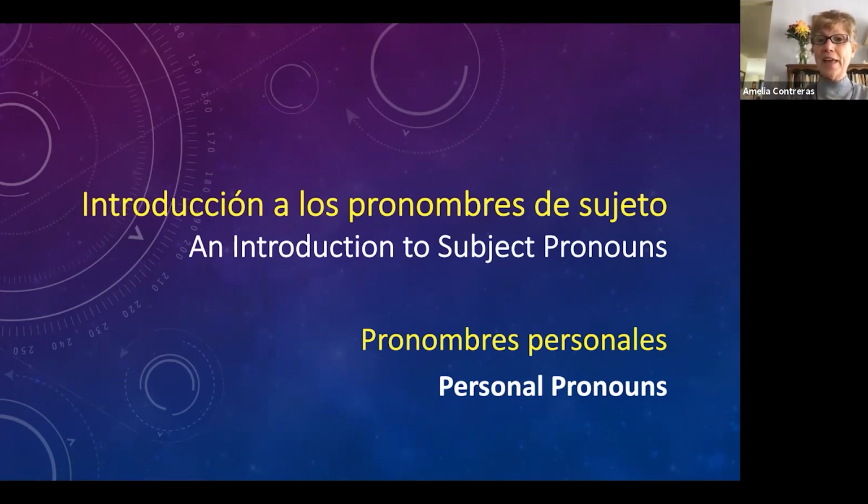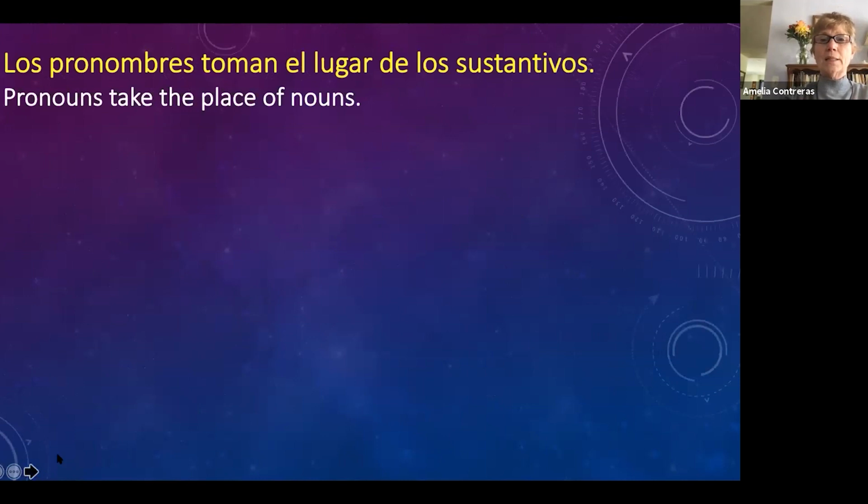And then within the personal pronouns, we're going to look at a special group of them called subject pronouns, and we'll understand why in a moment. Pronouns take the place of nouns. And I just reminded you on the nature of nouns, naming words.